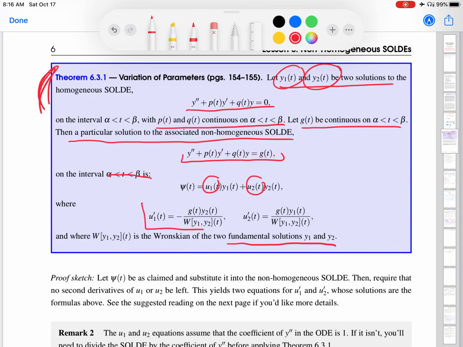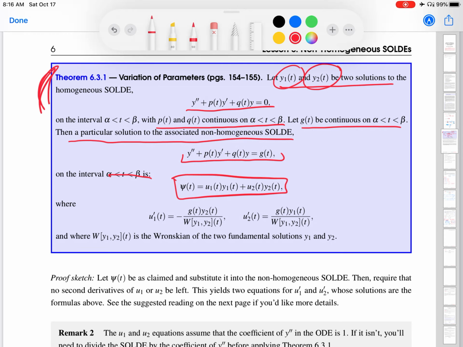Well, this is essentially the nuts and bolts of the method. The derivative of u1 is given by this quantity. The derivative of u2 is given by this quantity. So that's something that we have to set up and integrate to find u1 and u2. And then once we do that, we just substitute it back into this definition for the particular solution, this form for psi.